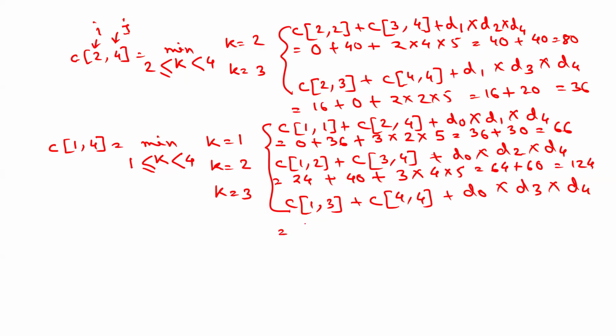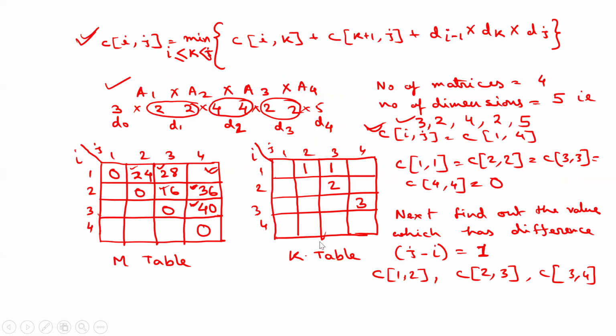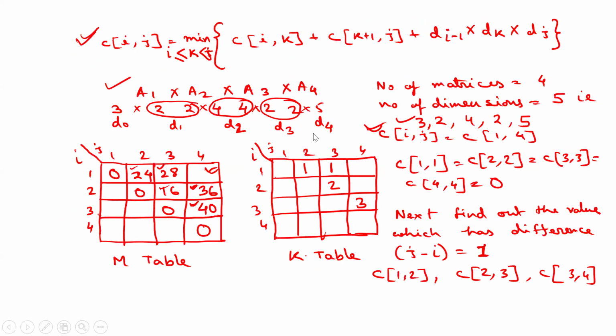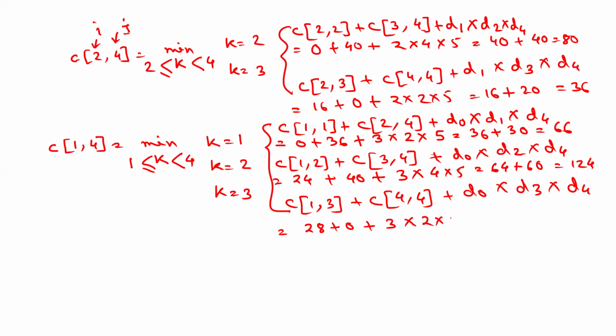Next, calculate C13. Check C13. C13 is 28. 28 plus 0 plus d0 is 3, d3 is 2, d4 is 5. 28 plus 30, that is 58.